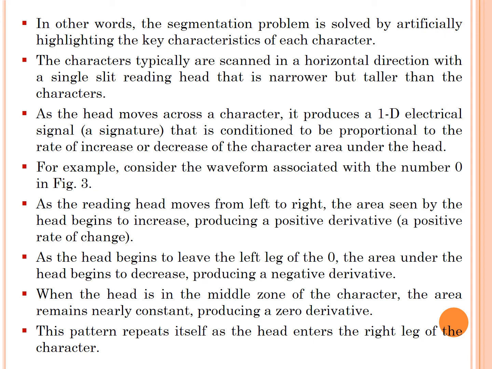As the head begins to leave the left leg of the 0, the area under the head begins to decrease, producing a negative derivative. When the head is in the middle zone of the character, the area remains nearly constant, producing a zero derivative. This pattern repeats itself as the head enters the right leg of the character.